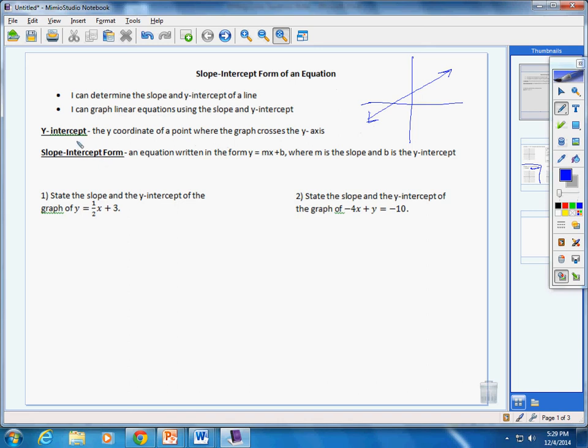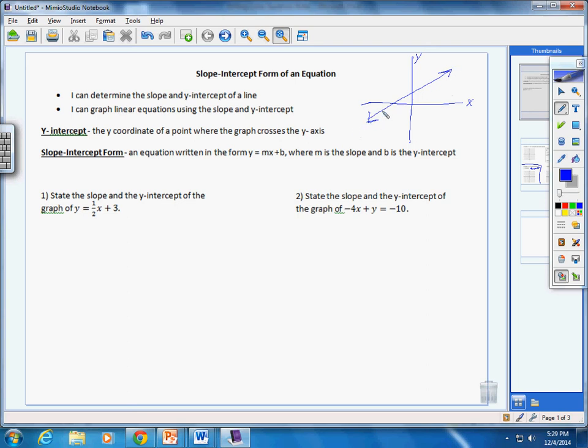First thing we want to talk about is what the heck is the y-intercept? It's very simple. The y-intercept is the y-coordinate of the point where your graph crosses the y-axis. Let's break this down. This is the x-axis. You all know that. This is the y-axis. Every line we've graphed up to this point has just been a straight line.